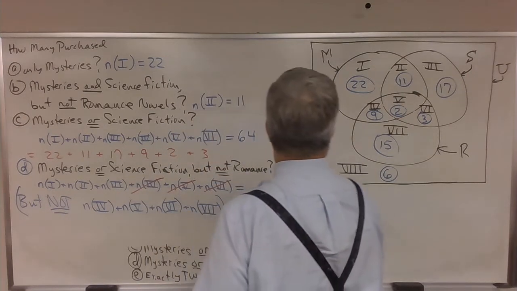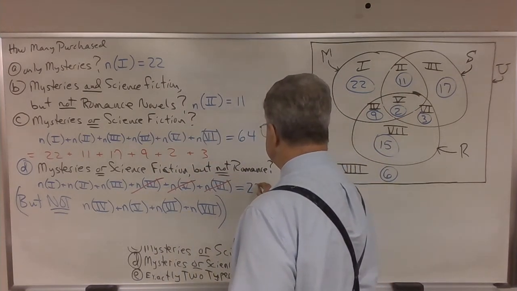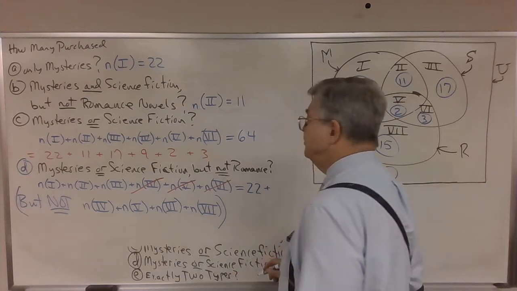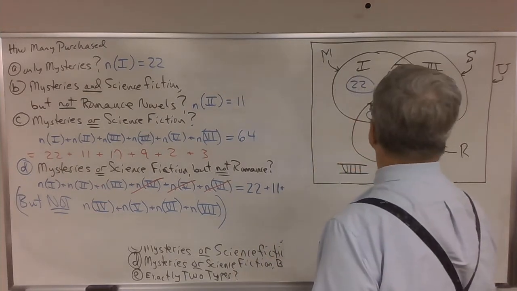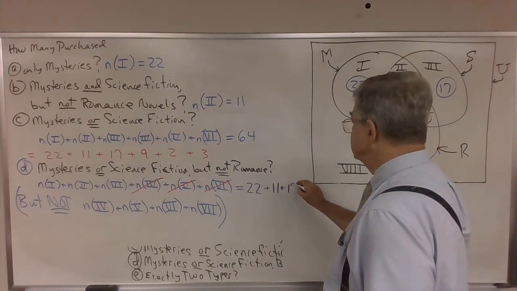So let's see, region 1, 22. Region 2, 11. And region 3, 17.